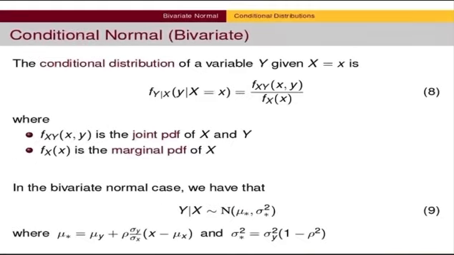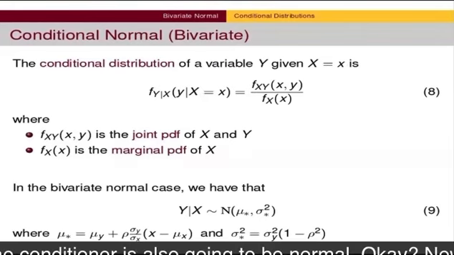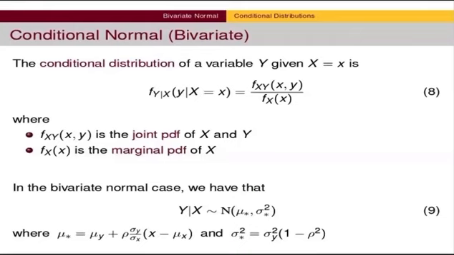Now, let me tell you the beauty of a normal distribution: when the marginal is normal, the conditional is also going to be normal. For instance, if you take a look at this, what is the conditional distribution of Y given X?